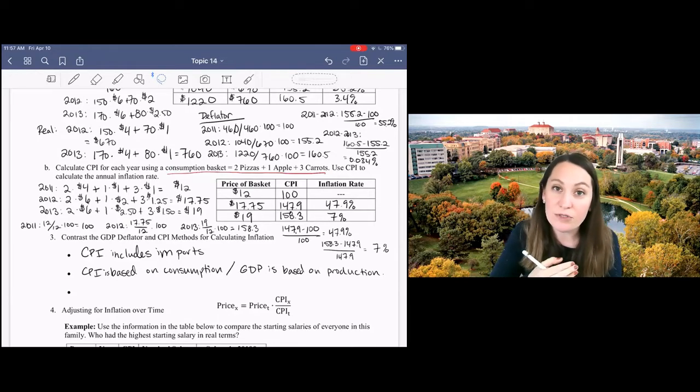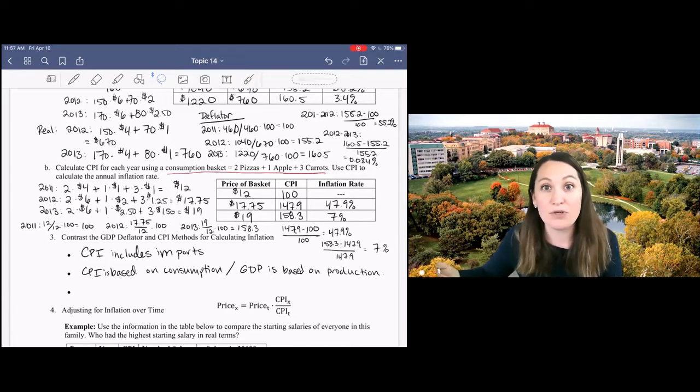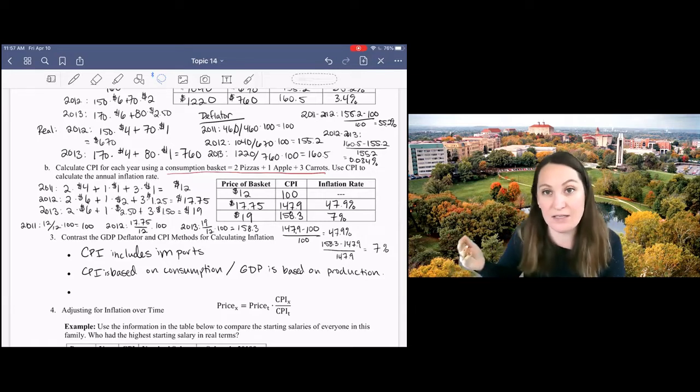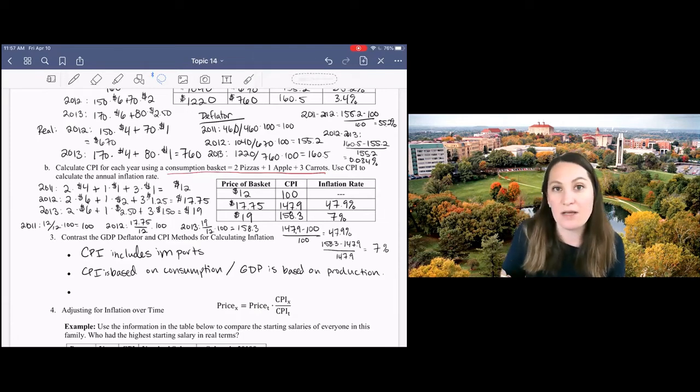There's also a producer price index, which looks at all of the goods that producers need in order to operate in the US, right? There's lots and lots of different price indexes. Each of those price indexes could be used to calculate inflation. The one you want to use depends on the question that you're trying to answer. Although in this class, I'll tell you which one to use.